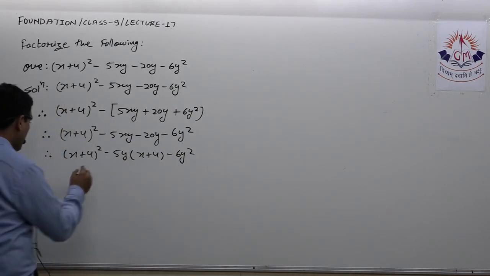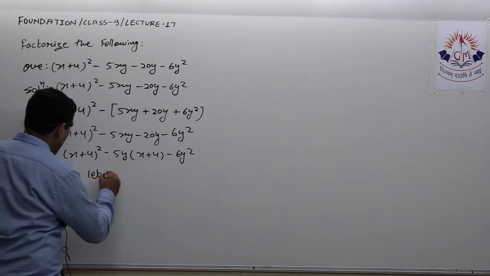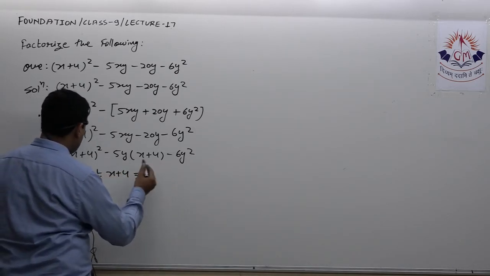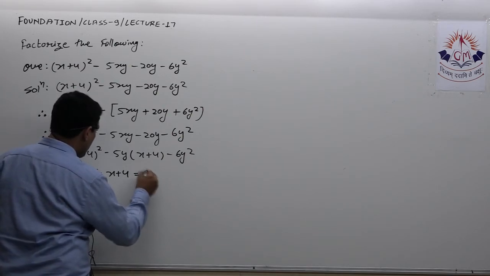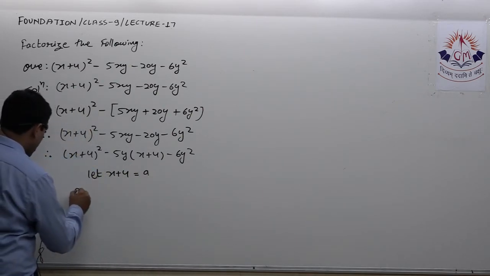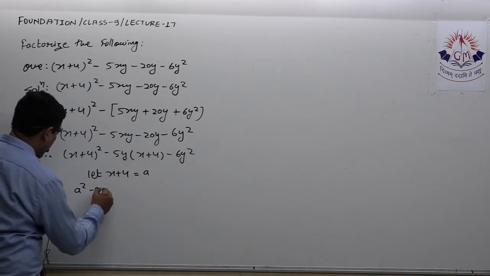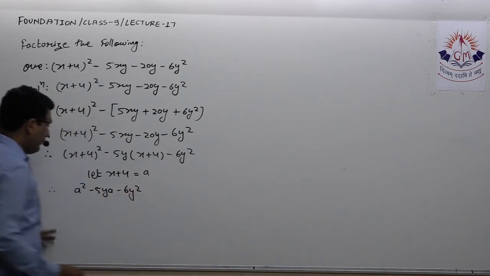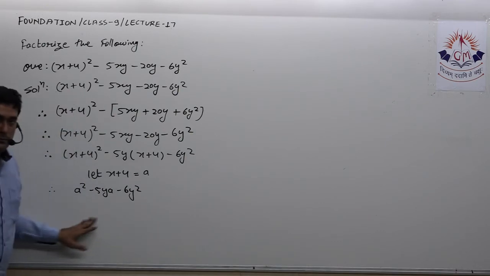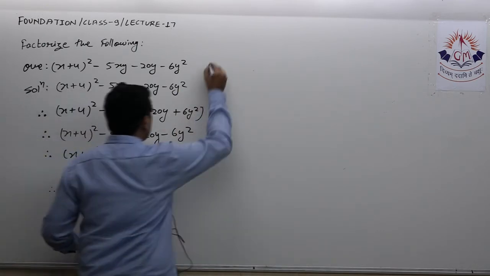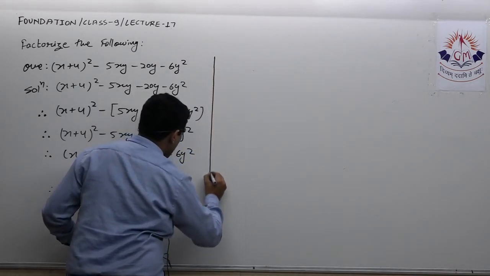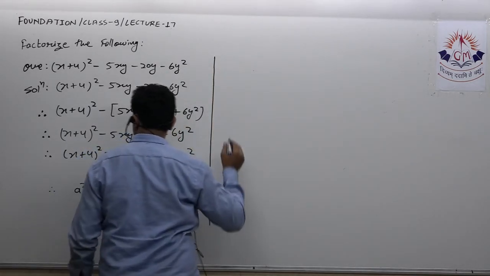So for a while I am assuming x plus 4 is equal to a. Therefore this will become a square minus 5ya minus 6y square. Now definitely this is a quadratic expression whose factors we can find by splitting the middle term. So let us see how to find this.